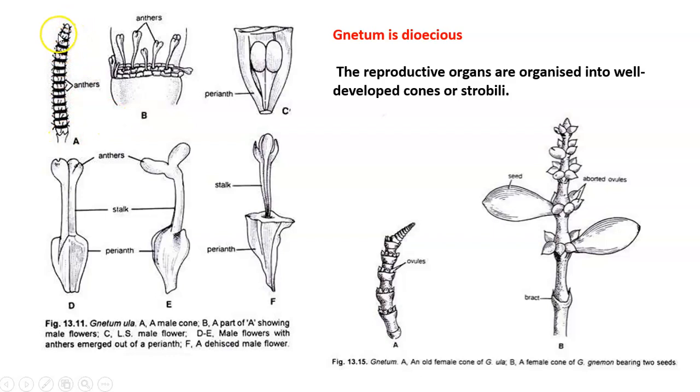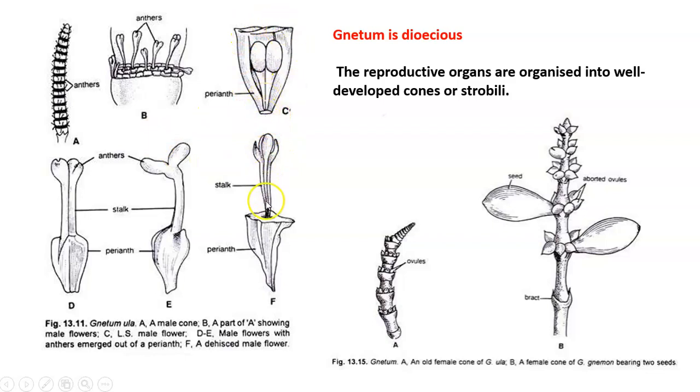So you can see this is a male cone, and this is how its male flowers look. At the tip a stalk is arising, and you can see two anthers within which microsporangia will be producing microspores or pollen grains. This is a perianth.